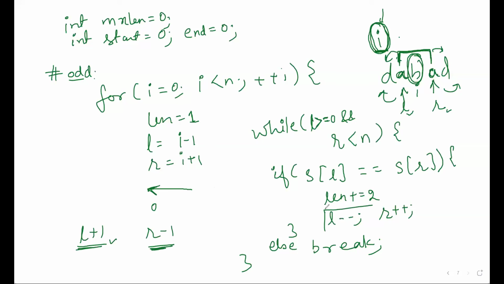Because if they are equal, then only you are updating and moving on to left and right characters correspondingly. So this is the last valid index which you took in your palindromic substring. Okay. So this can act as your starting point or ending point. Okay, I'll write the rest in next page. Those who want to take screenshot, they can take the screenshot of this.